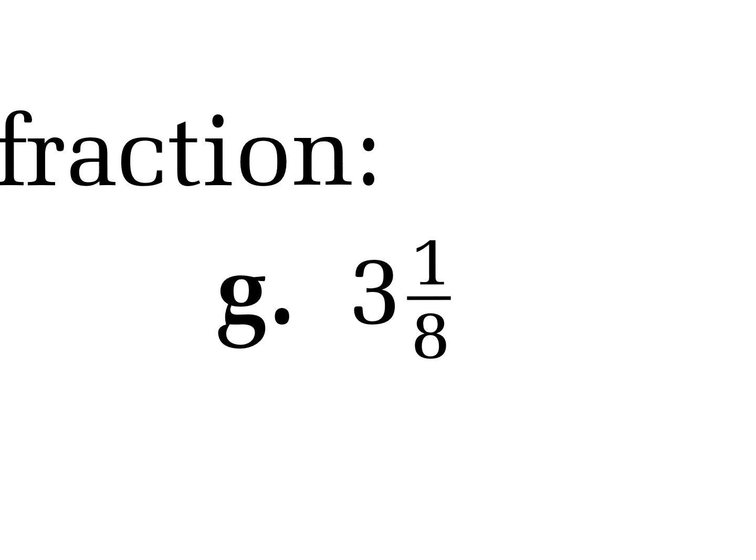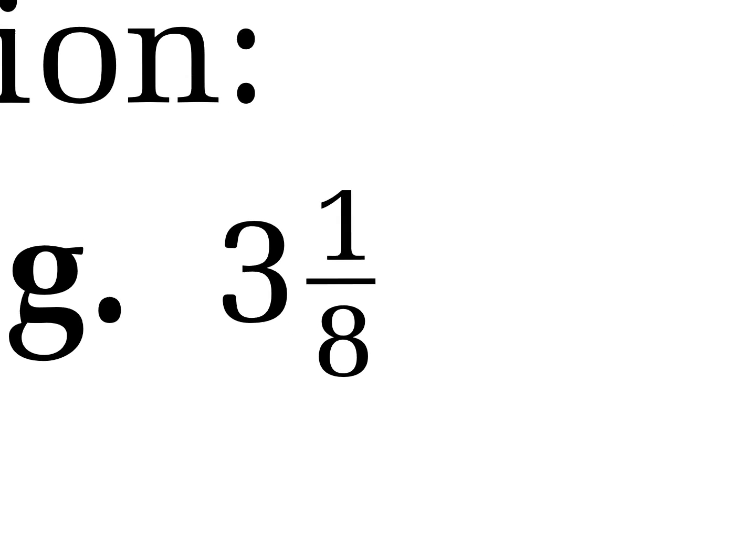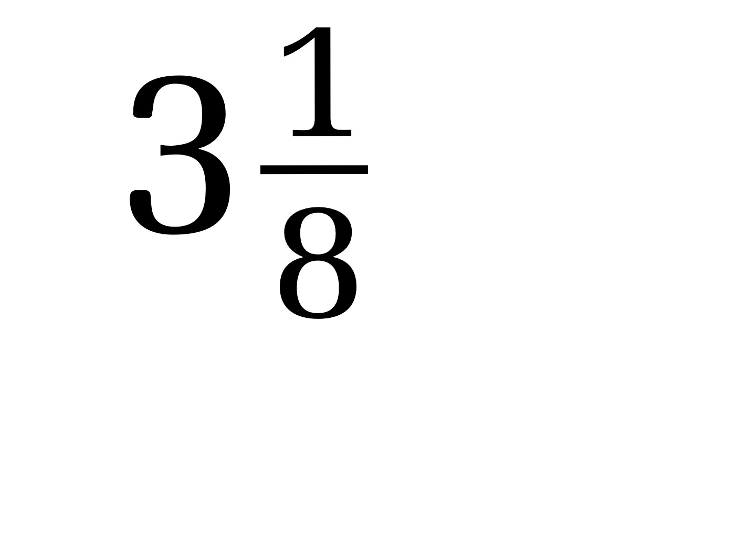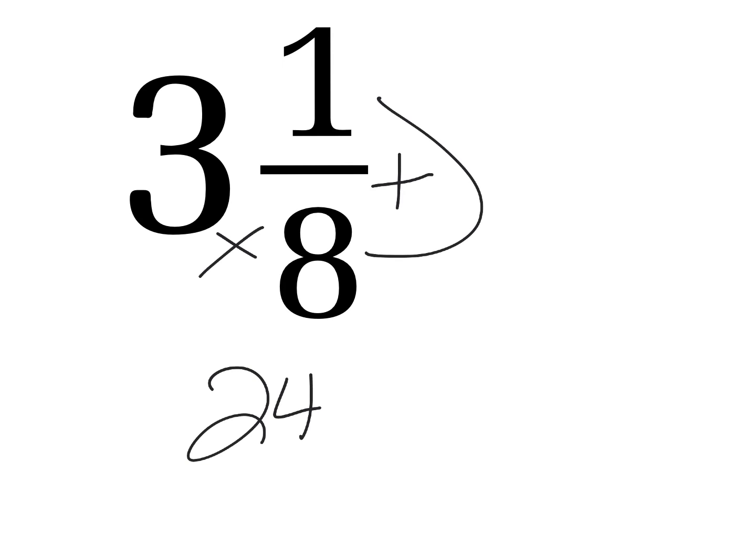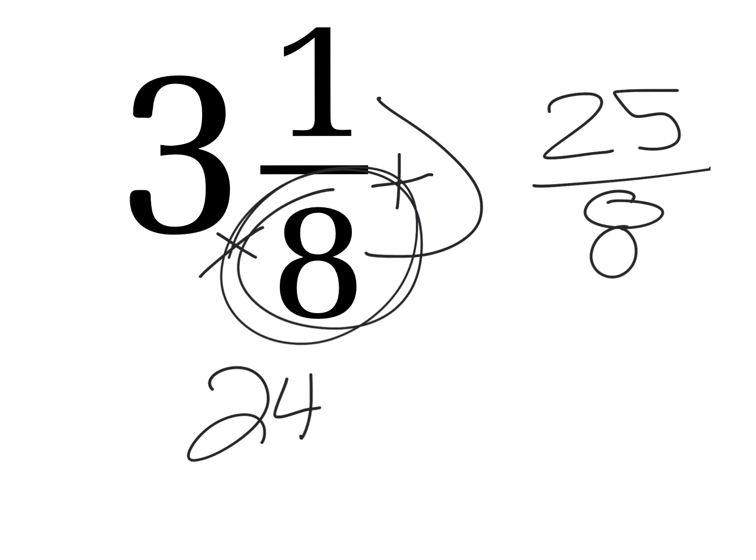You might have figured it out a different way, and that's fine. I'm just showing you the shorthand. So for the next one, I'm going to multiply 3 times 8, which is 24. And then I'm going to add the 1, which is 25. And then I'm going to put it over 8, because that's my denominator. So 25 eighths.